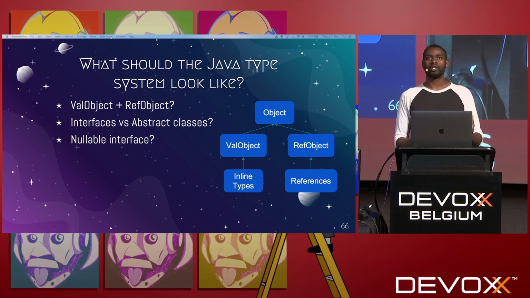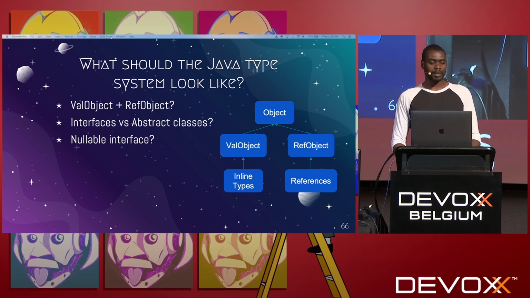With this distinction, the ACC_VALUE bit will not be necessary. You can simply look at the supertype to know if you're dealing with an inline type. And this will let users segment their code in such a way that they can avoid some of the pitfalls we saw earlier.